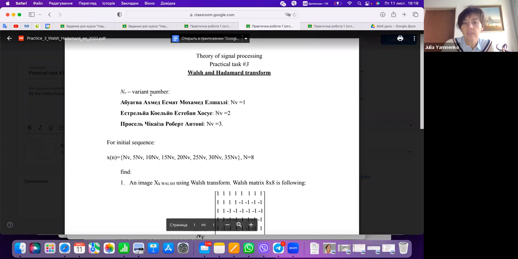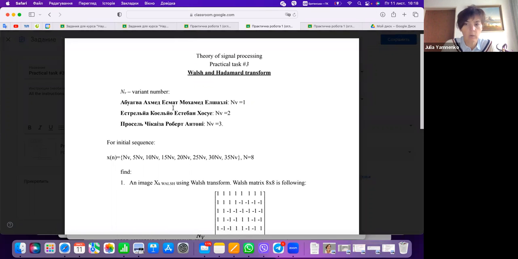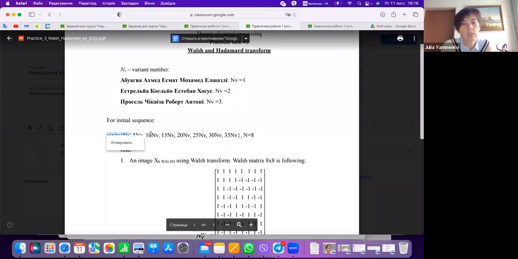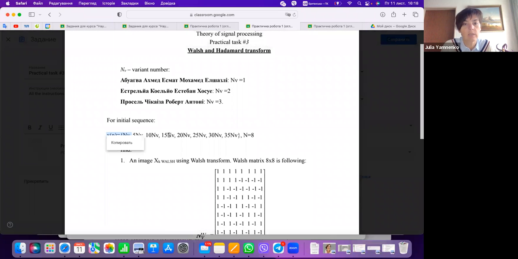So again, the same numbers of the variant, they are constant for all practical work. So for Ahmed 1, for Esteban 2, for Robert 3. And we have here some initial sequence that we would analyze.